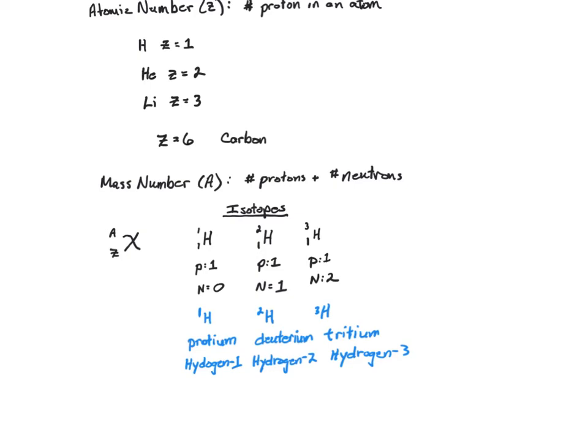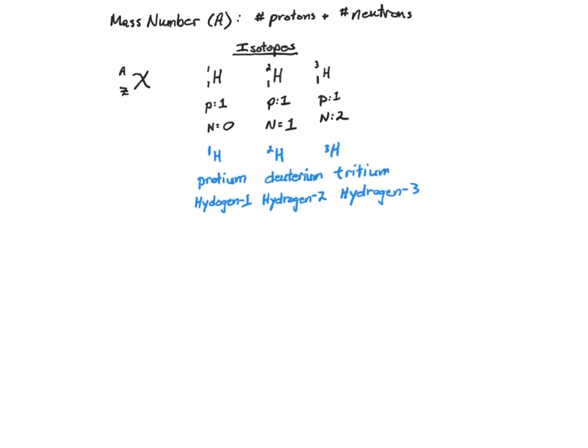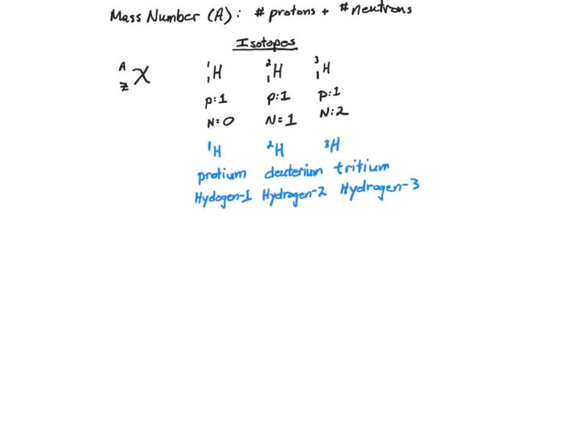Let's look at another example, a different element that has multiple isotopes in nature. Let's say carbon. Again, there are 3 very common isotopes of carbon. They're all going to have 6 protons, so they all have an atomic number of 6. The 3 different versions have mass numbers of 12, 13, and 14.